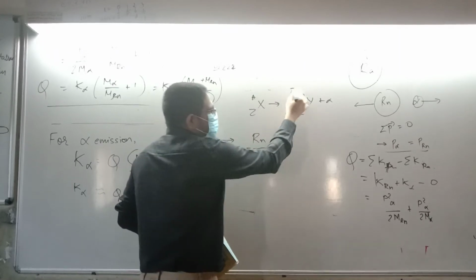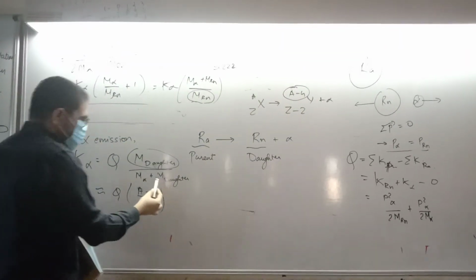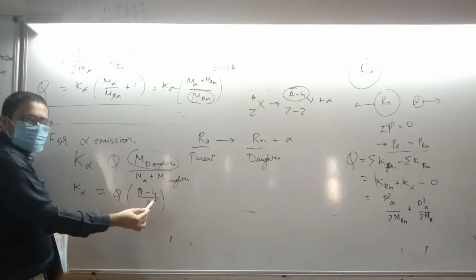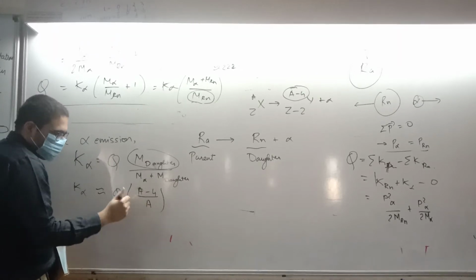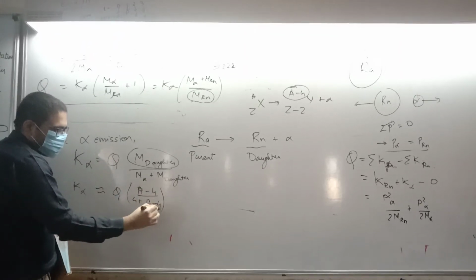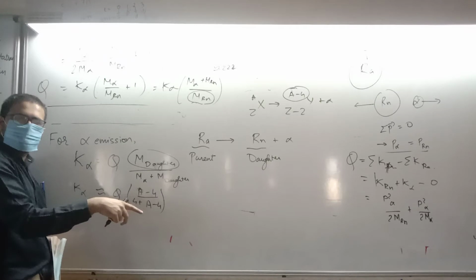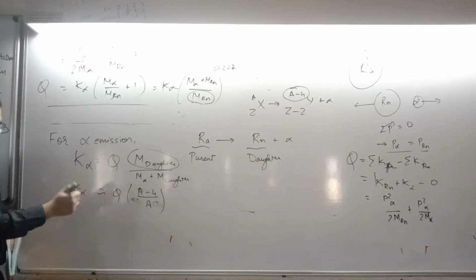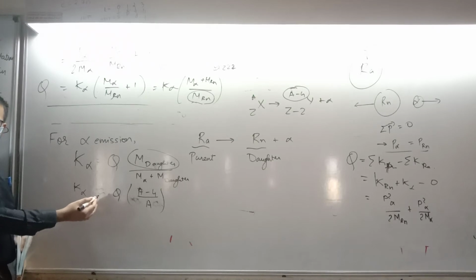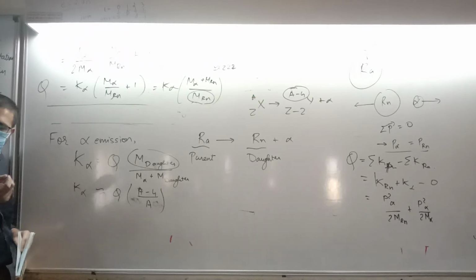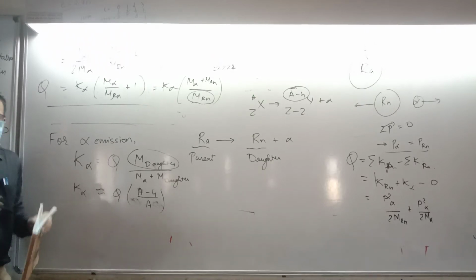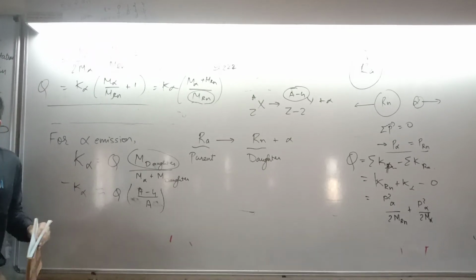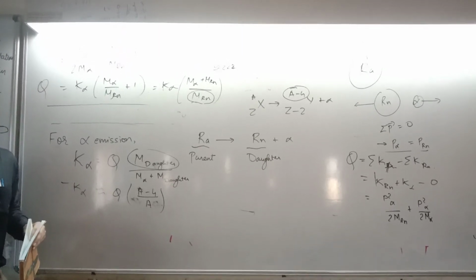So this is what is going on. So mass of daughter can be approximated by A minus 4, and mass of alpha is 4. This is an approximate value. But when the options are quite far apart, it's good enough, understood?